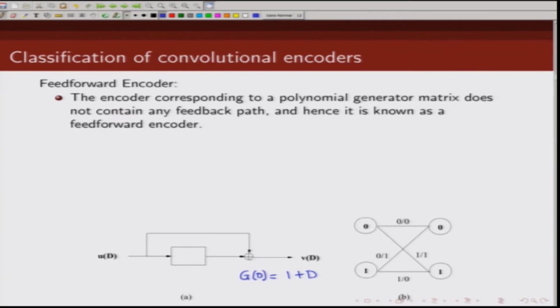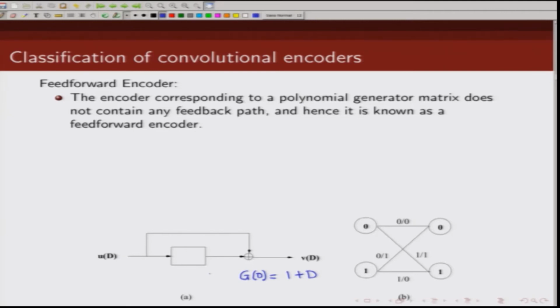You can see basically the output depends on the current input as well as the input one time instance in the past. So, there is no feedback from the output to the encoder side, and this is an example of a feed forward encoder.